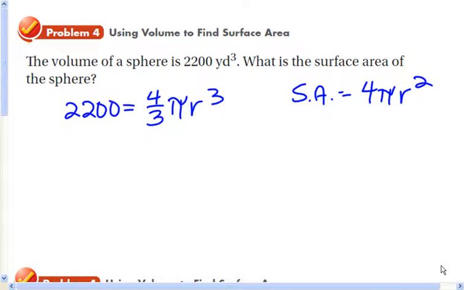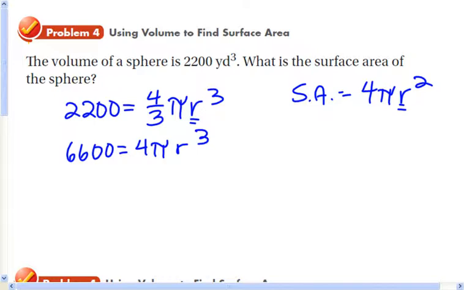Okay, so we're just going to undo this. Let's multiply both sides by 3. We're trying to figure out what r is here, so we can substitute that r in there. So we get 6,600 is equal to 4 pi r cubed.